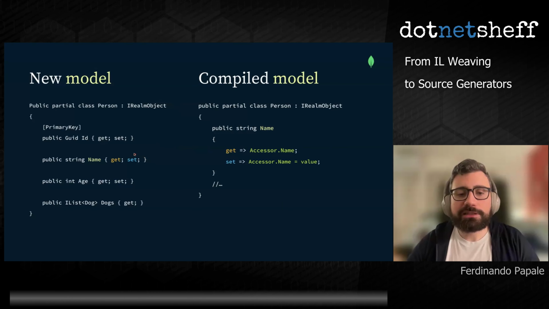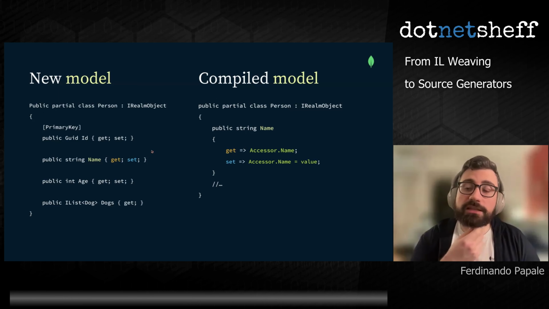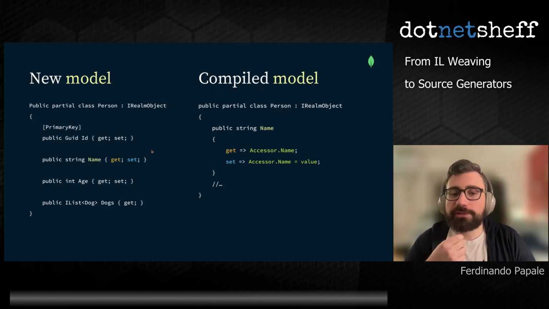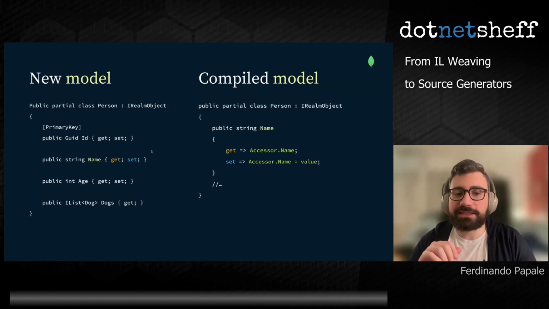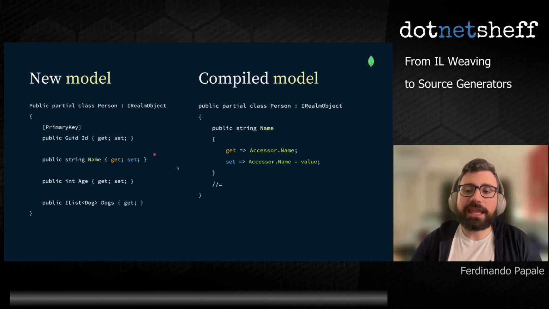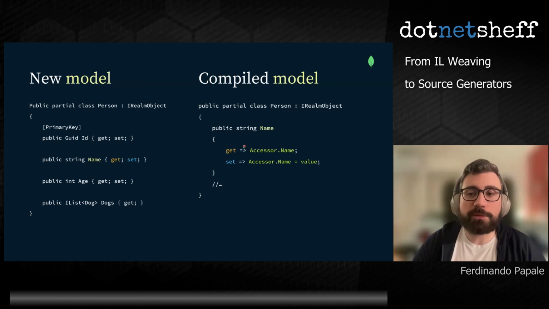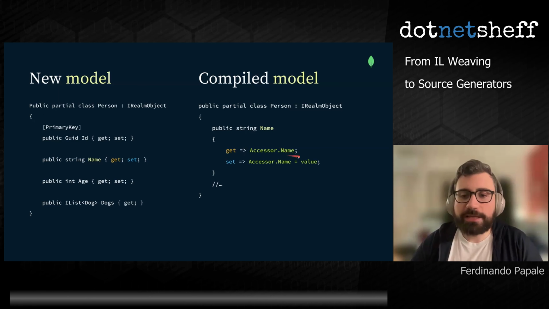But what the setters and getters are doing is actually relaying the access to a property with the same name on something called the accessor.